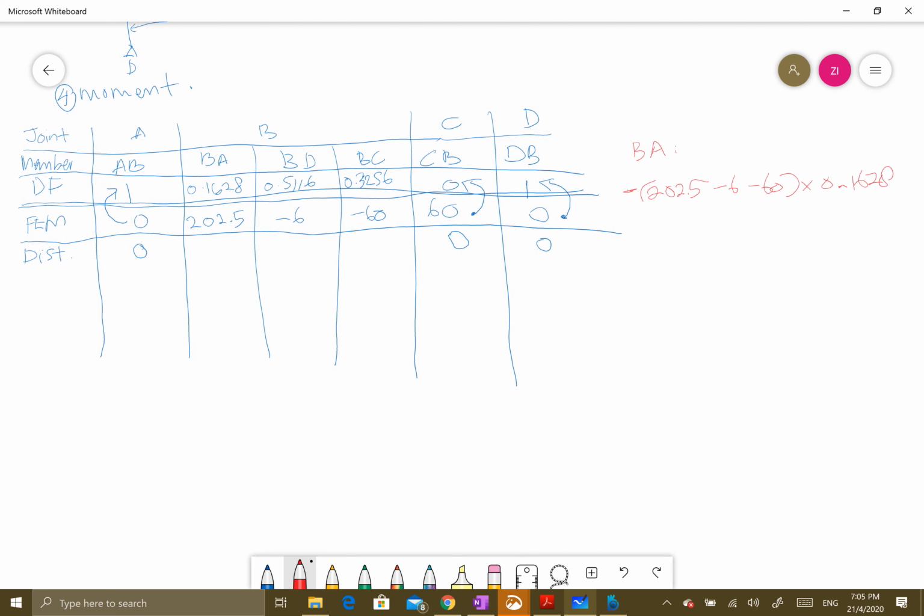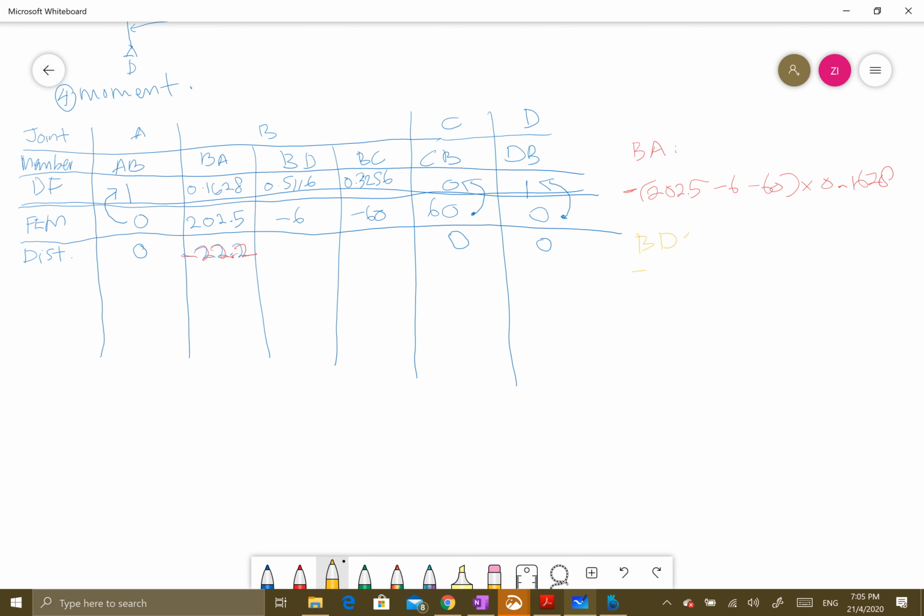Okay, so you will get the value as negative 22.2. Or if you are confused, I'll write it in red, negative 22.2. Okay, so the next one is BD.